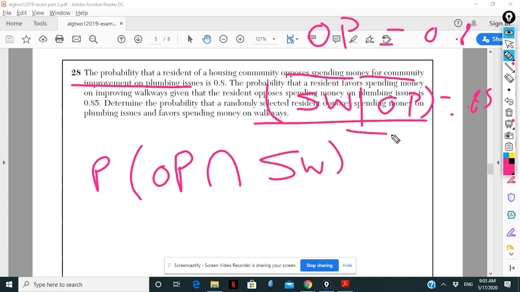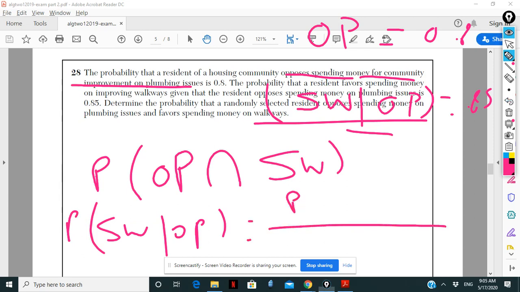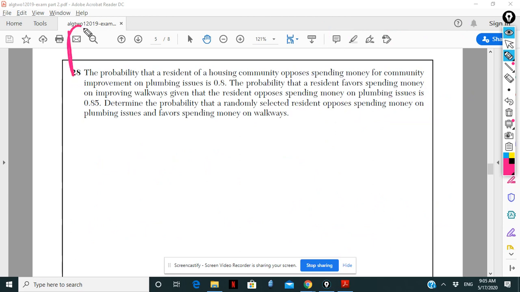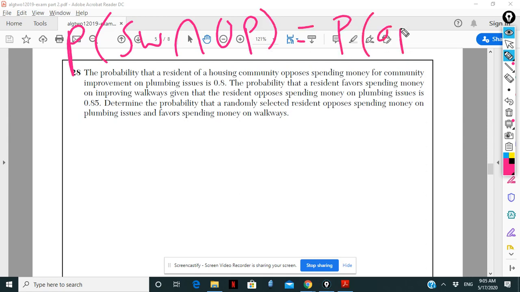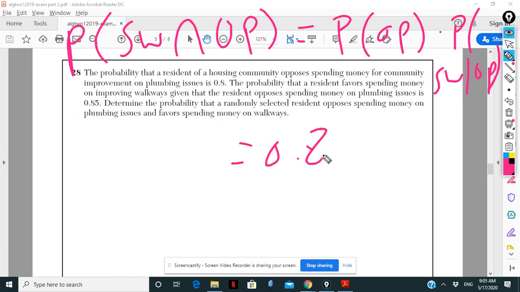So if you're looking for the conditional probability, the probability of A given B is equal to the probability of the intersection divided by the probability of B. So in that case, the probability of SW and plumbing is equal to the probability of plumbing times the probability of SW given plumbing, which is 0.8 multiplied by 0.85.